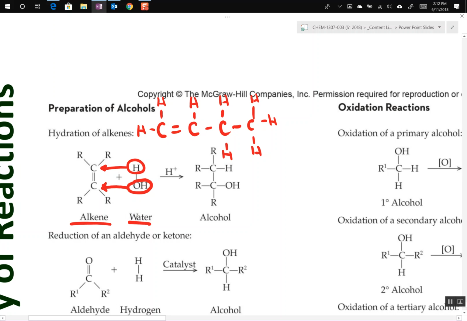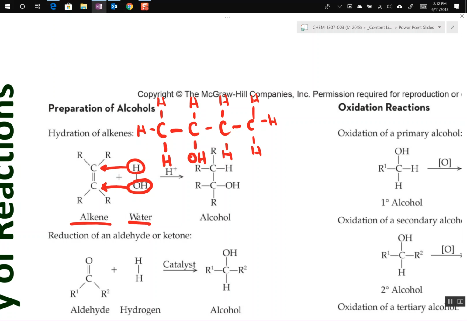Now in this case, when that double bond breaks, it's going to become a single bond, and I'm going to be able to add one thing to each of those carbons. What's going to get added to this carbon? Hydrogen. The majority of the time, that hydrogen will go there, and on the other carbon, you'll get the OH. Okay? That's the rule. Hydrogen to the carbon with the most hydrogens, right?